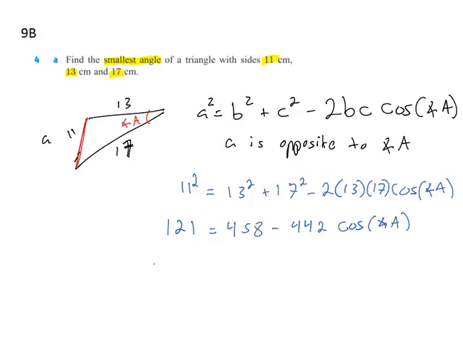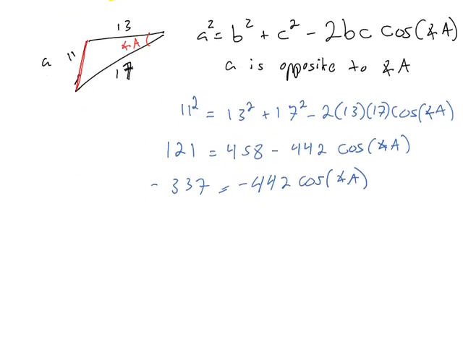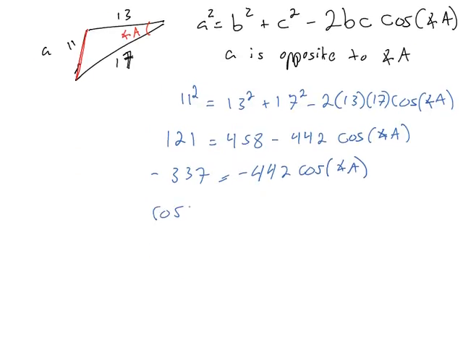That's going to give us negative 337 is equal to negative 442 cosine of angle A. We'll divide both sides by negative 442, giving us cosine of angle A is equal to negative 337 divided by negative 442.